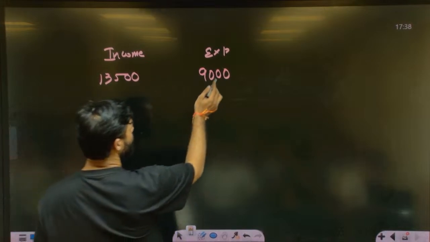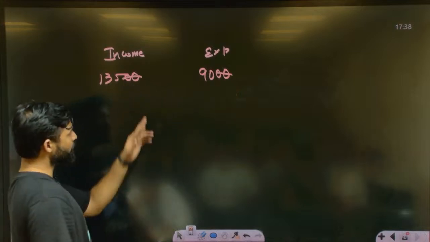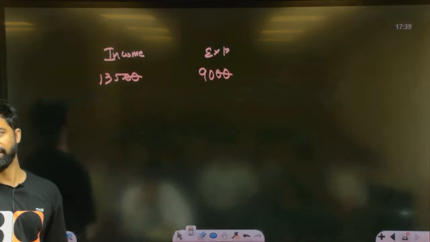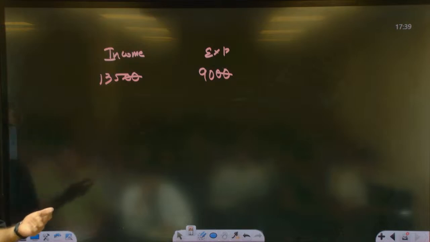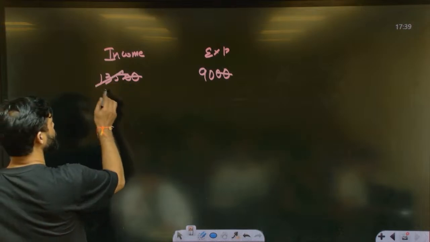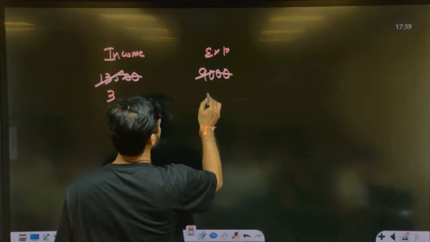First of all, cancel the zeros. Both 90 and 135 can be divided by 45. If you don't know that big calculation, divide both numbers by 15. It will be easy. So 45 into 3 and 45 into 2.